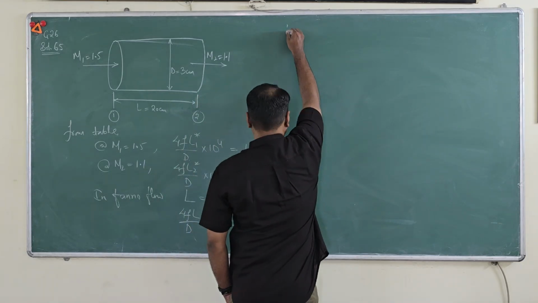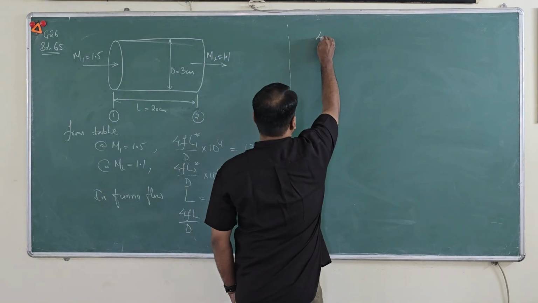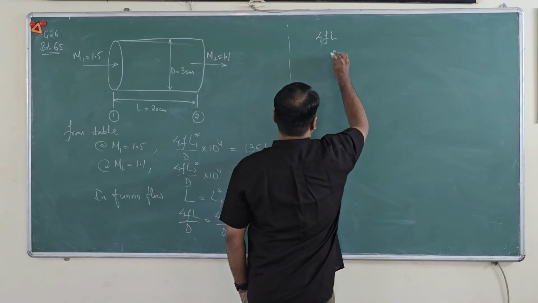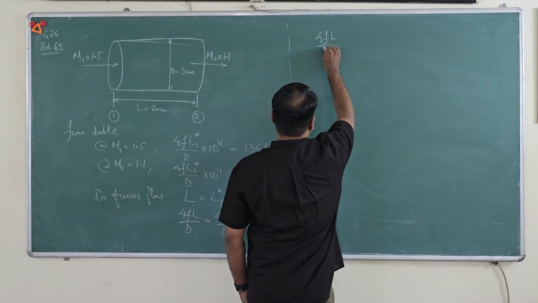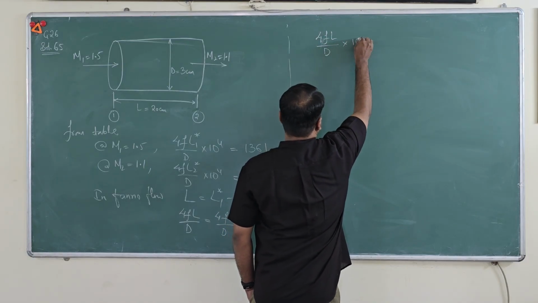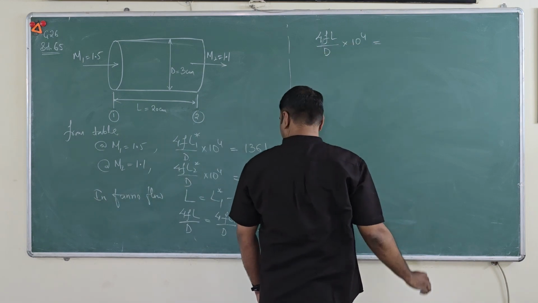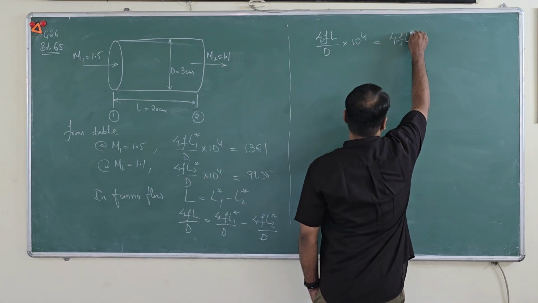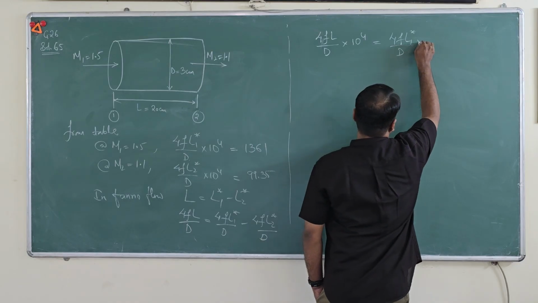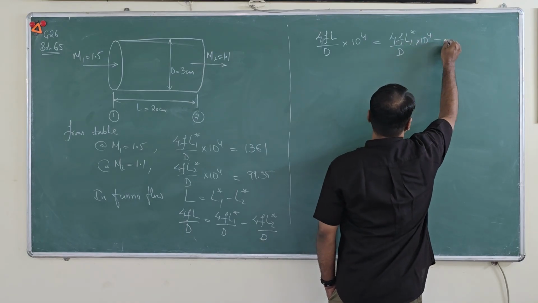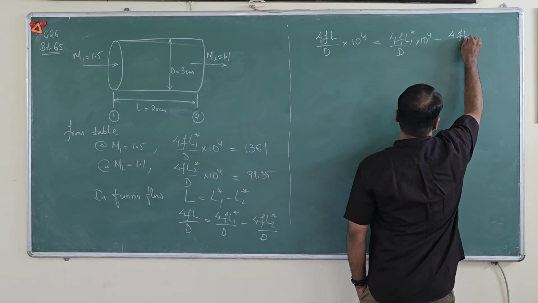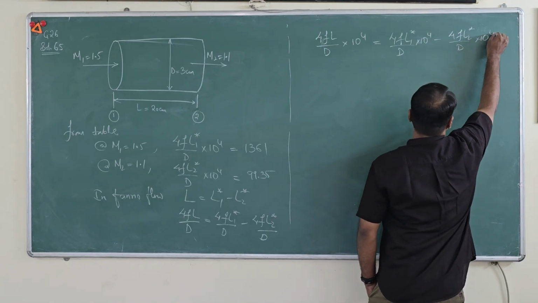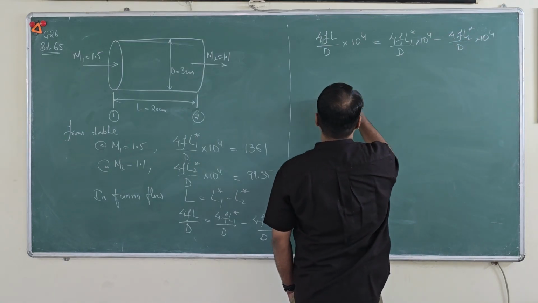So we get 4fL by D times 10 power 4. If I multiply, I get this: 4fL1* by D times 10 power 4 minus 4fL2* by D times 10 power 4. So these two values we have.